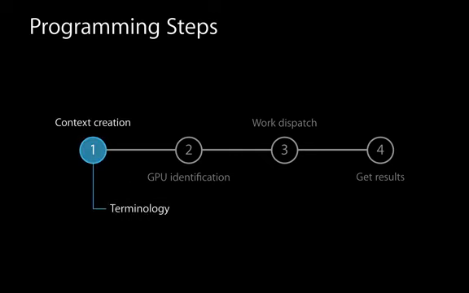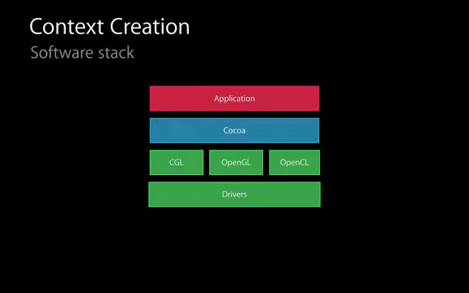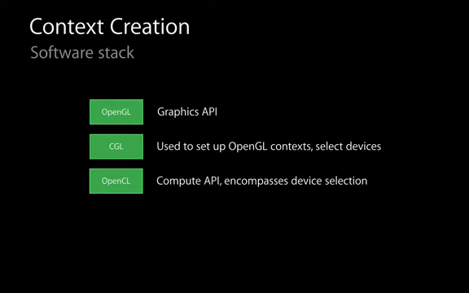So let's take a look now at context creation. It turns out that this process is similar in OpenCL and OpenGL, but there's some specific terminology that I'd like to go over that'll, I think, make the process a little bit more clear. Before we showed the software stack, and now we're going to concentrate on the graphics APIs in the stack.